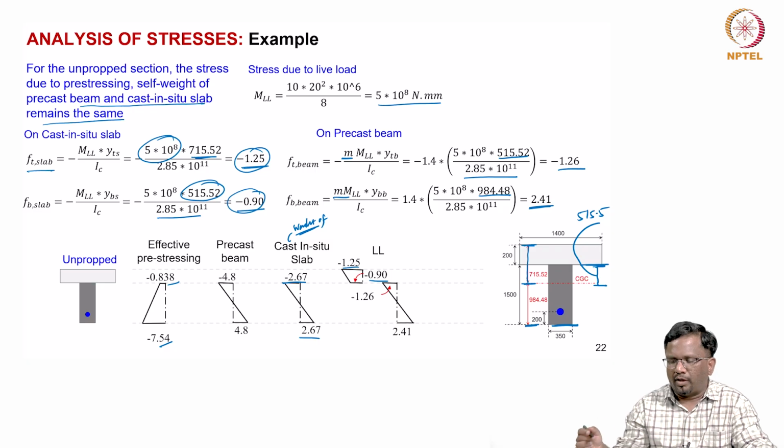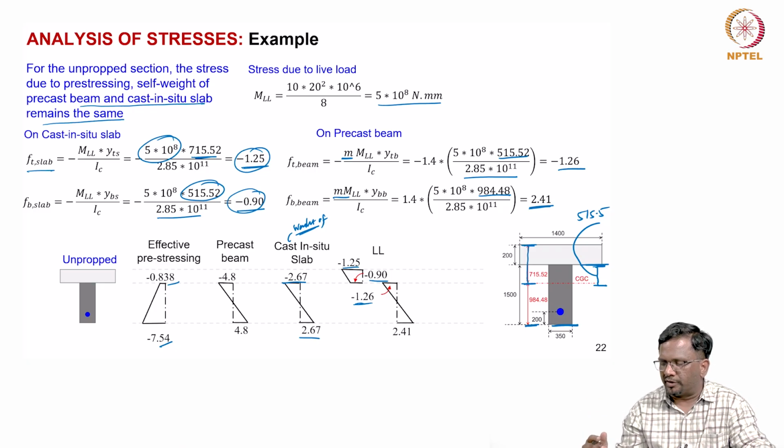Then at the top of the precast beam, there is a discontinuity in stresses because of the composite section that we are doing. So you get a stress of negative 1.26 and a positive stress of plus 2.41.